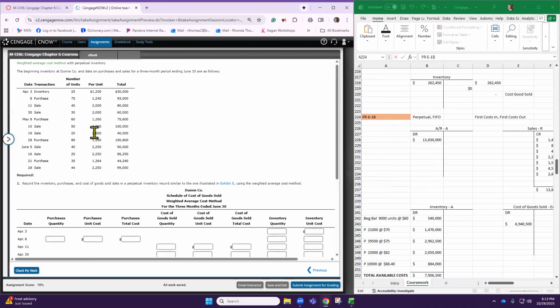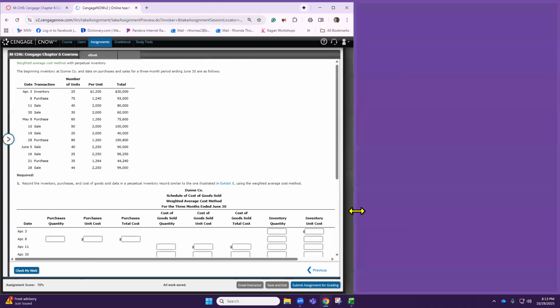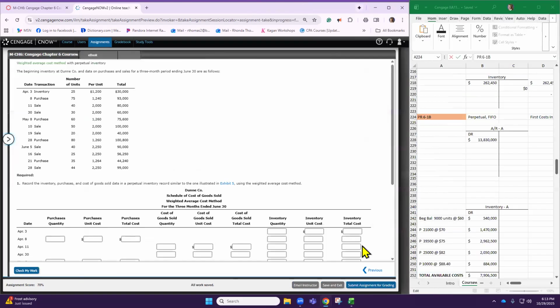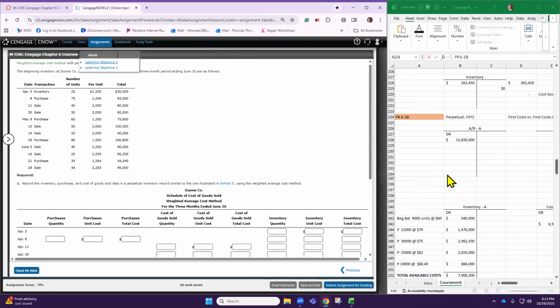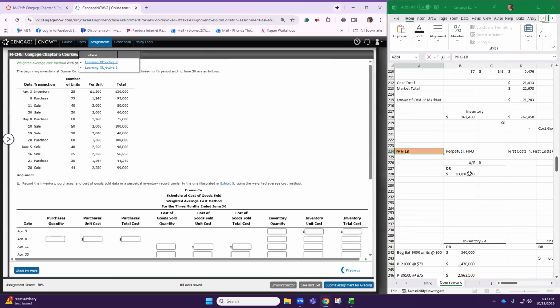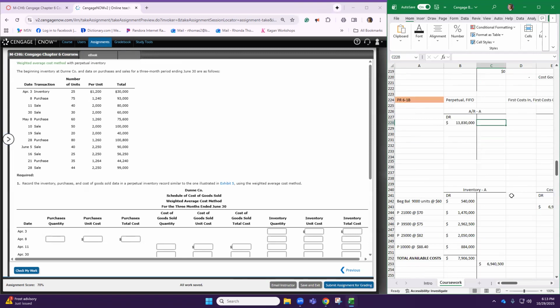Okay. Let's go ahead and calculate our inventory. So I'm going to put this up here and I'm going to make this a little bit smaller so we can go through this pretty quick. So I'm going to show you that, and this is 1B. All right, so here is inventory.